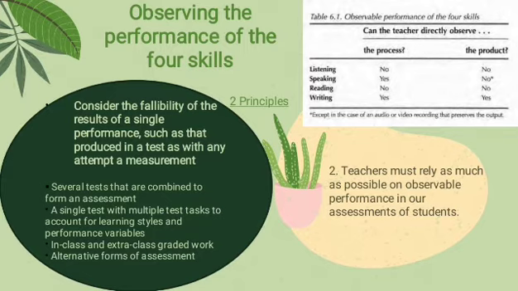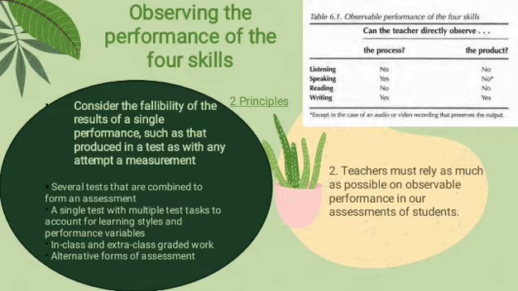Multiple measures will always give you a more reliable and valid assessment than a single measure. Also, when assessing learner competence, we as teachers must rely as much as possible on observable performance in our assessment of the students.